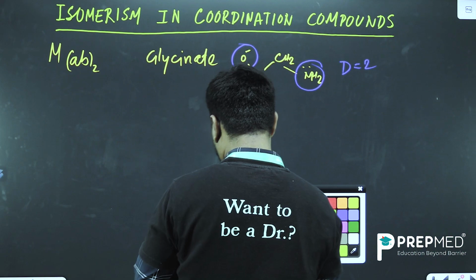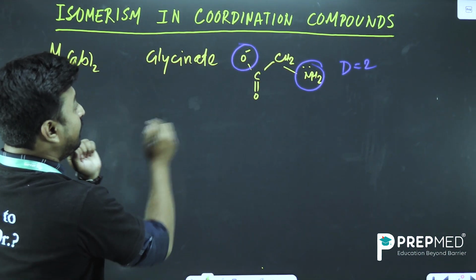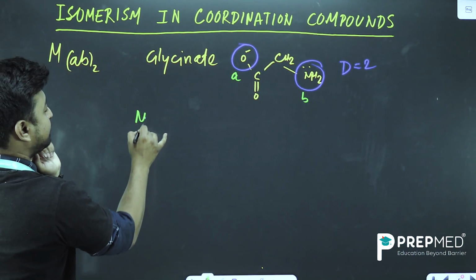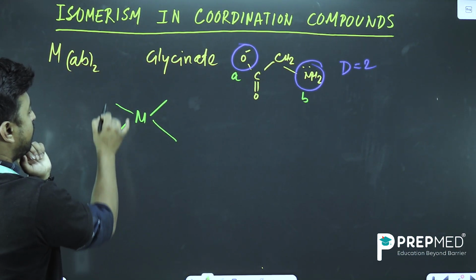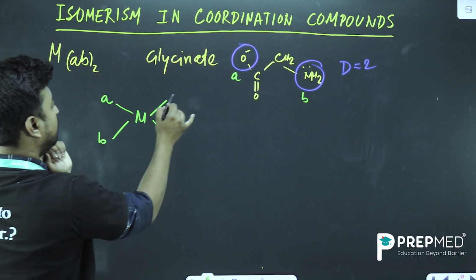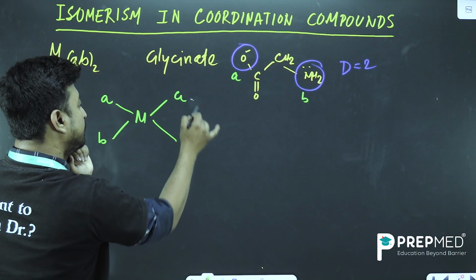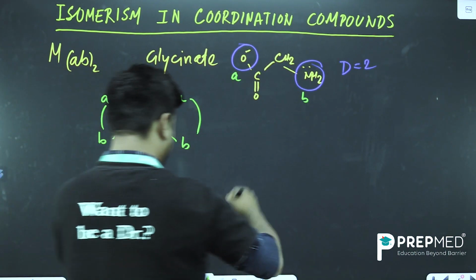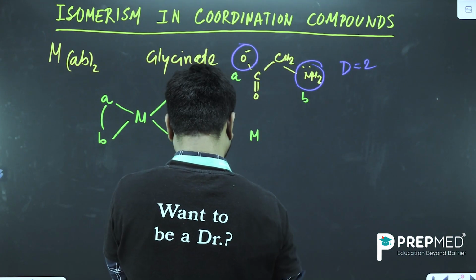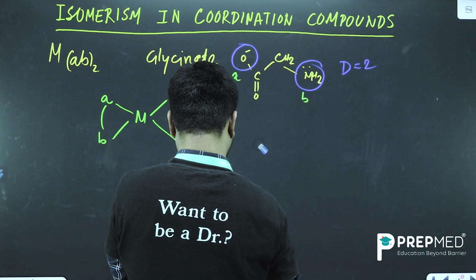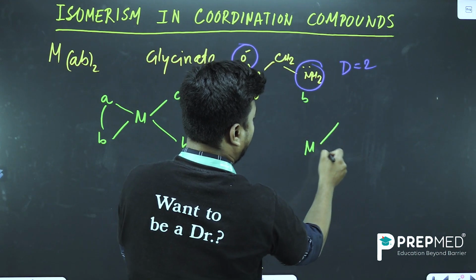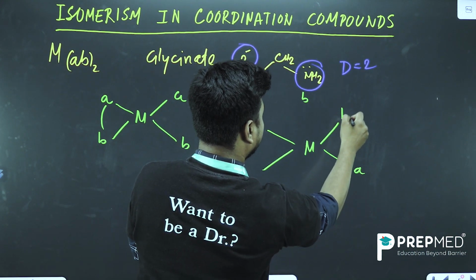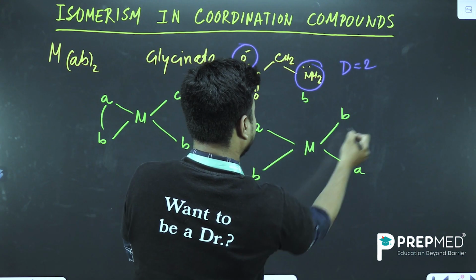Okay. अब दूसरा चीज देखते हैं. Now see, when this molecule, let's say this is your A and this is your B, two centers. So it will be like this, M, A, B, A, B. This is one possibility. Correct? Another possibility is also there. That is M, A, B, B, A. Correct?